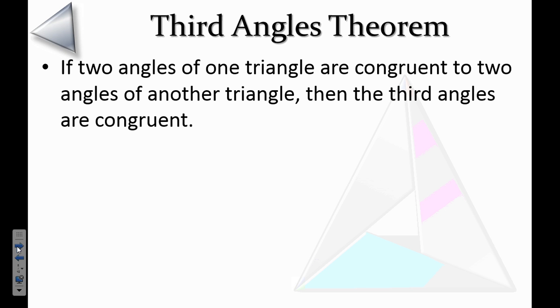We have 180 degrees, right? So if we have a pair of angles in one triangle congruent to a pair of angles in another triangle, then there's nothing left but, because of the 180 degrees, those third angles have to be congruent as well.